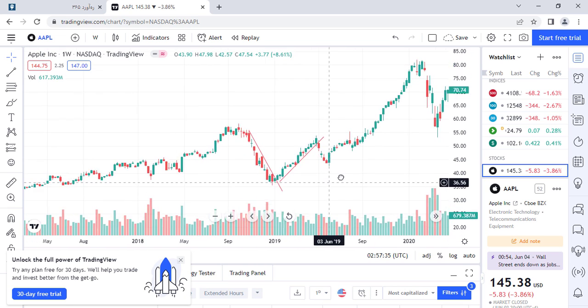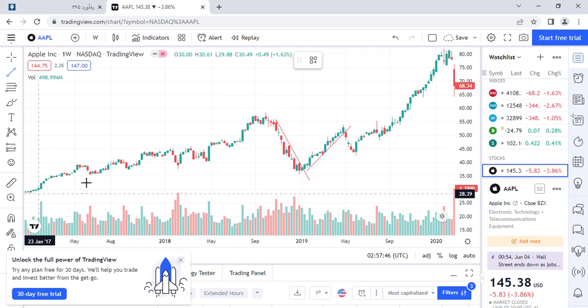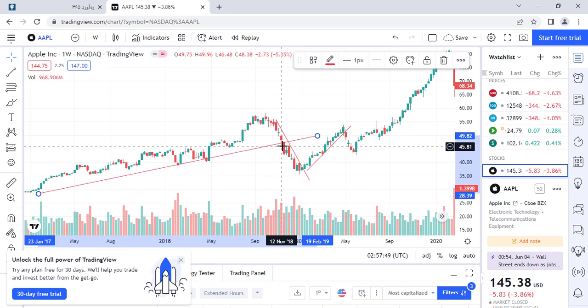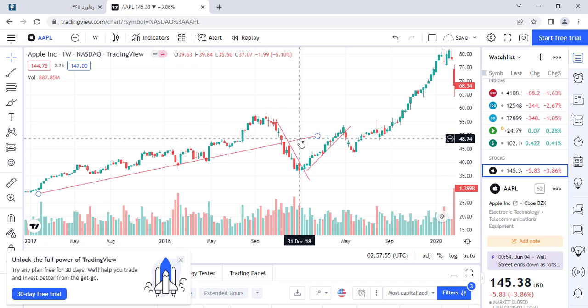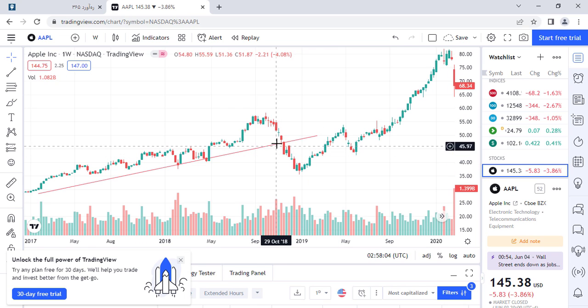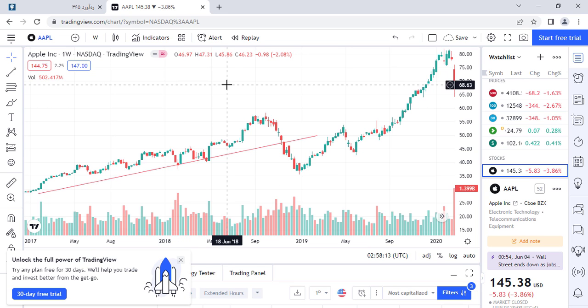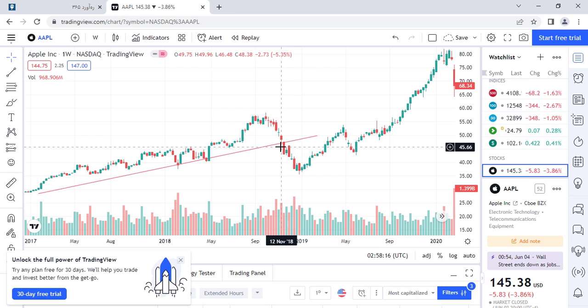In classic technical analysis, when we say a trend line has been broken, I don't mean price action. When 3 candles close under the trend line, let me remove this line, when 3 candles close under this trend line, it's better to use the daily time frame.